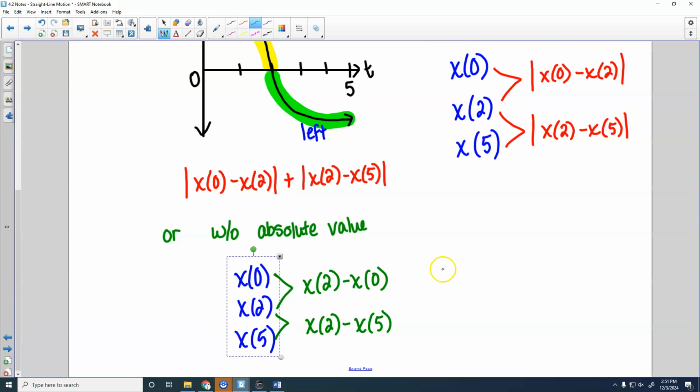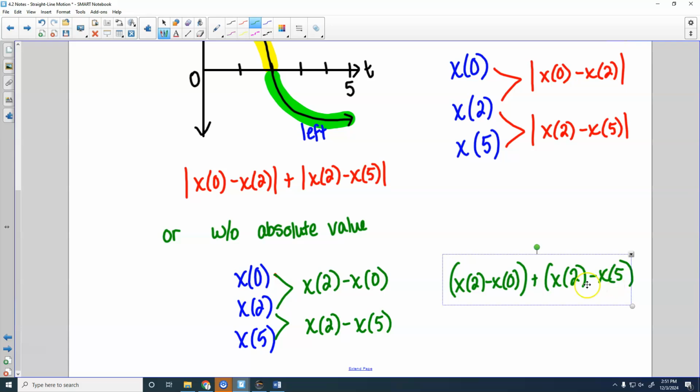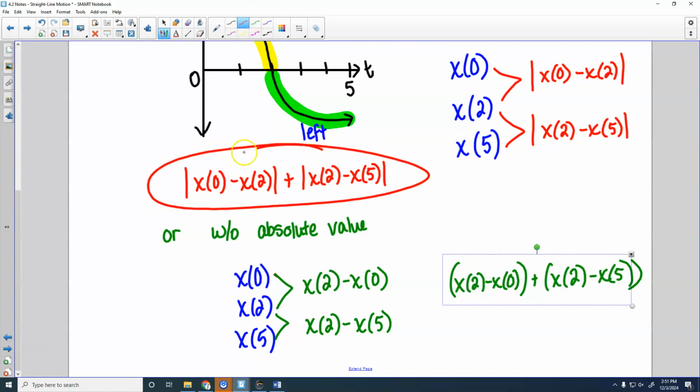So our answer could also be x of 2 minus x of 0 plus x of 2 minus x of 5. So these are both options in this case.